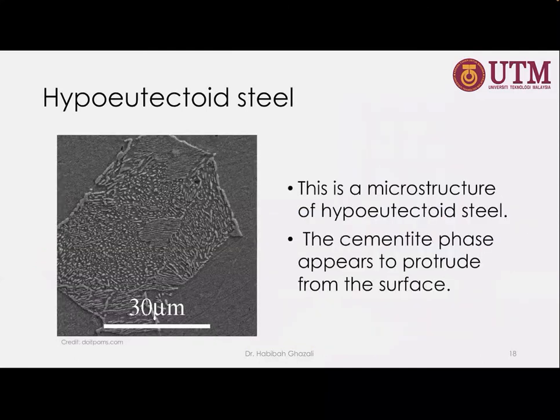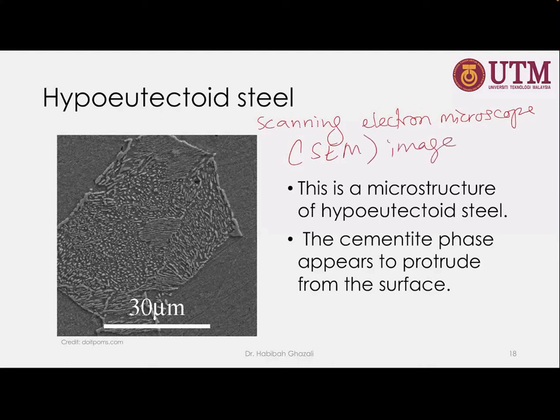So if we observe under a microscope, this is a scanning electron microscope, or SEM image. This SEM image gives a three-dimensional image of the surface.